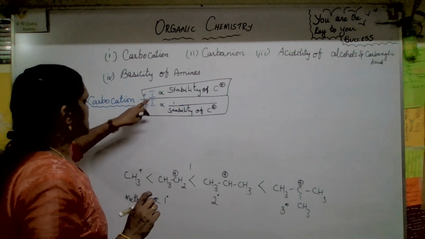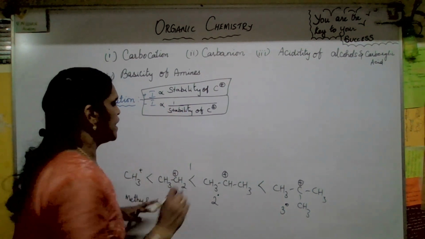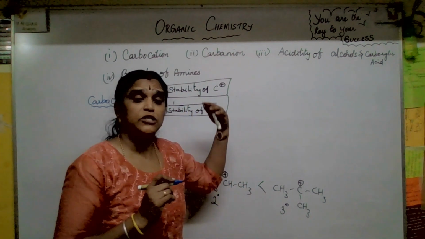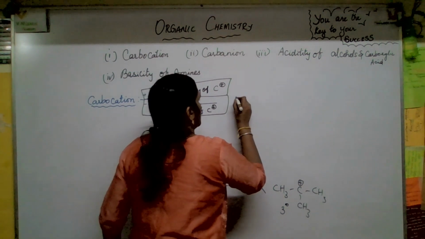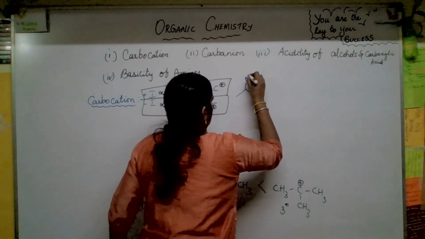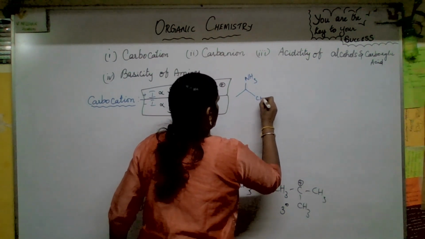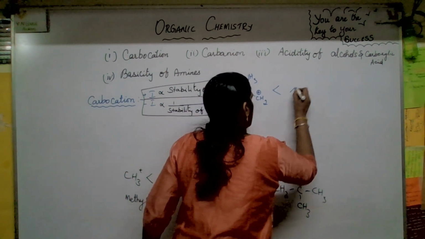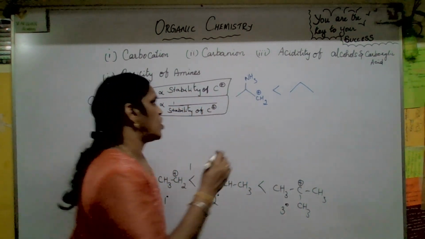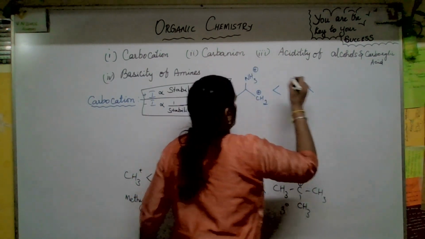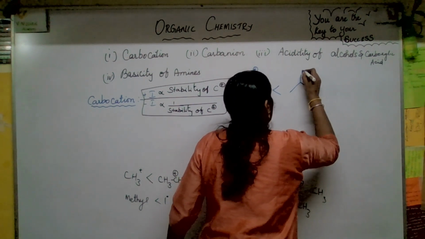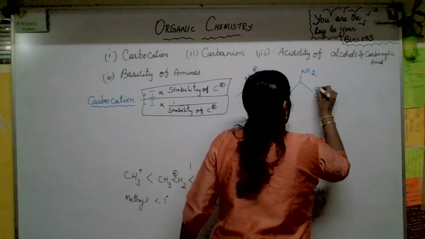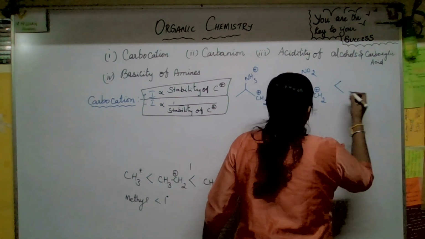Here, plus I and minus I, as I mentioned, now I would like to give some more examples of plus I and minus I effect, the same ideas I have given. Now here NH3 plus, here CH2 positive charge. And here lesser than, we are talking about increasing order, no? NH3 always positive charge. Now here NO2, here CH2 positive charge and here carbocation positive charge.